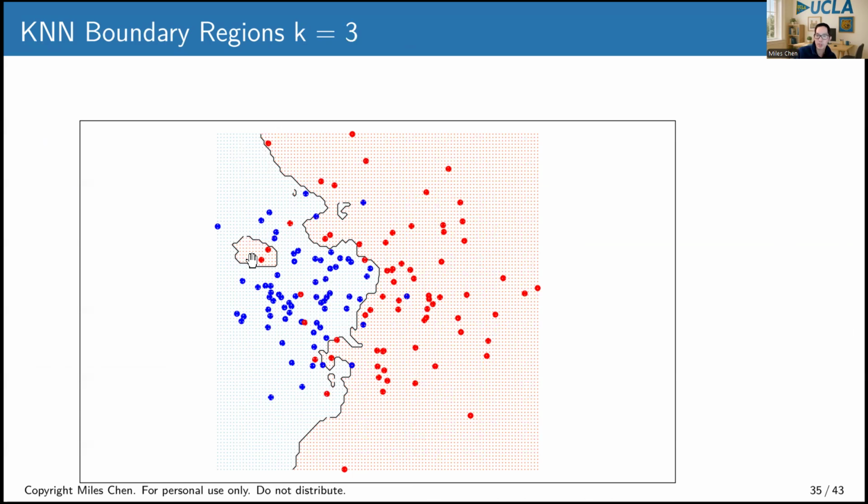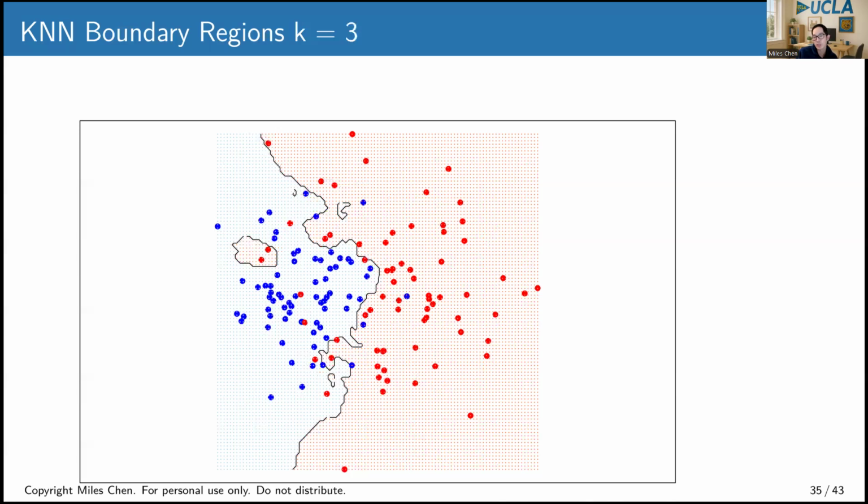Okay, but again, as k grows, the boundary, and again, smoother is a little bit of a weird word to say, but again, is less influenced by individual data points, and the boundary starts to take into account the overall regions of which side is red and which side is blue.